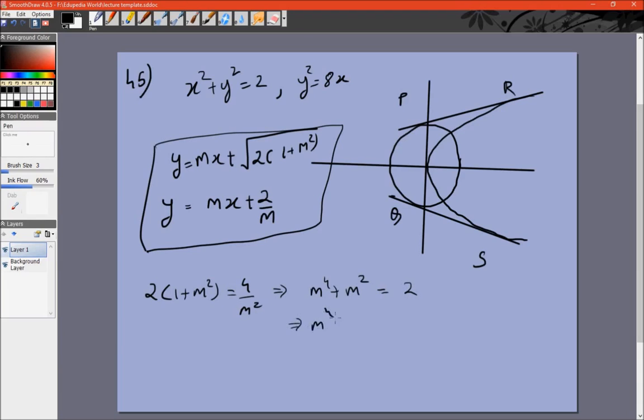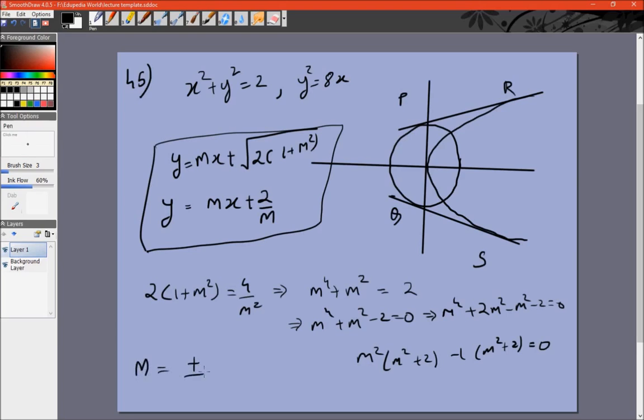So m to the power 4 plus m squared minus 2 is 0, m to the power 4 plus 2m squared minus m squared minus 2 is 0, m squared minus 1 times m squared plus 2 is equal to 0. m squared cannot be minus 2, so we get m is equal to plus minus 1.